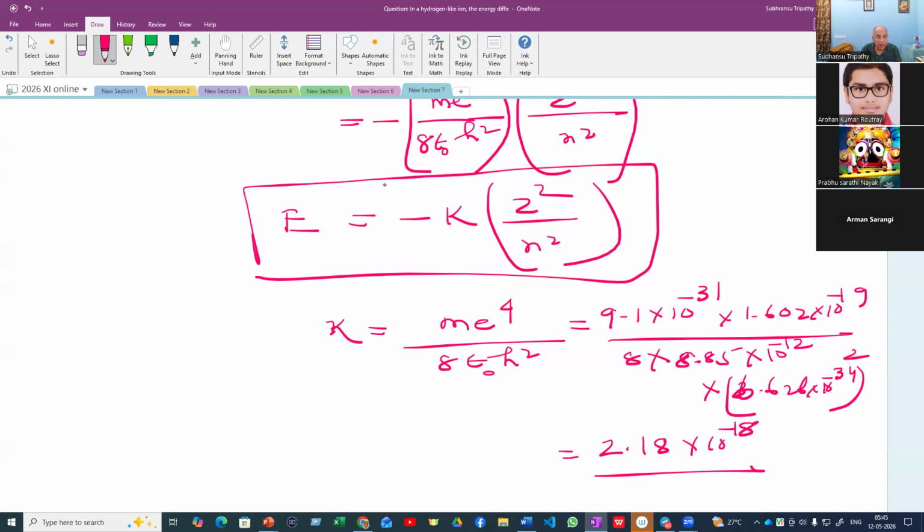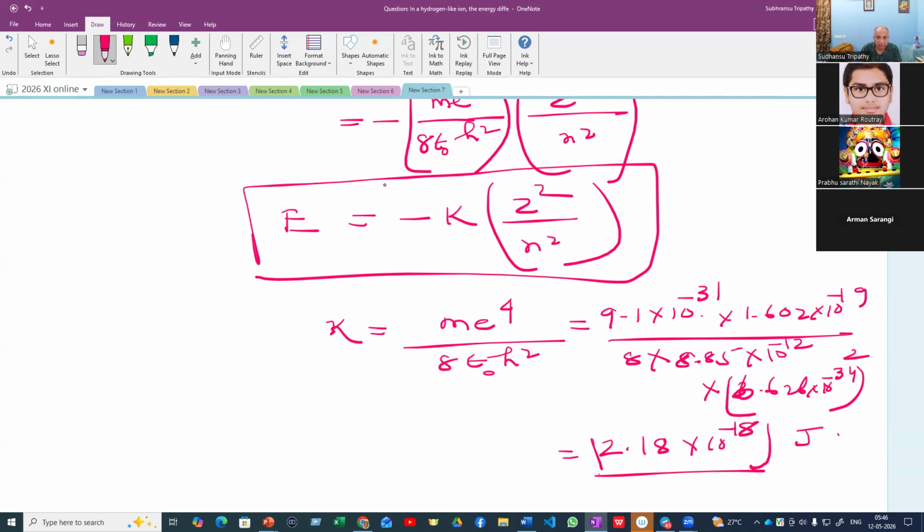Of course joule will be there. Z is a number and n is a number, so k carries the joule term. Mass is in kg, e is in coulomb, epsilon naught is in coulomb square per newton per meter square, and h is in joule second, so ultimately you can convert and find that this k value comes in joule per atom.